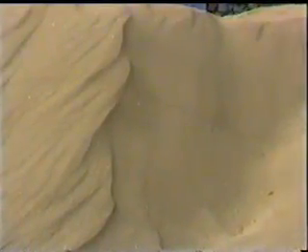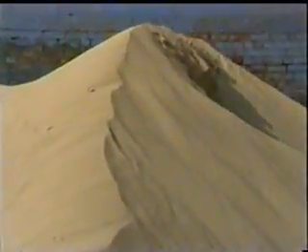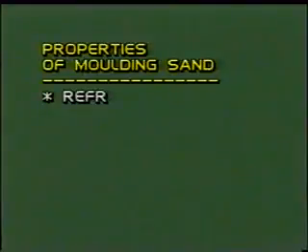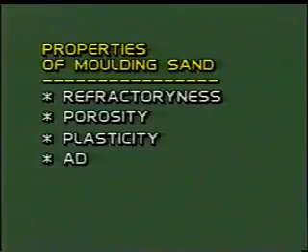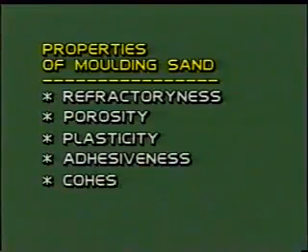Quality of cast component will mainly depend upon the quality of the sand used for making molds and cores. Molding sand must have some specific properties such as refractoriness, porosity, plasticity, adhesiveness, cohesiveness, and collapsibility.